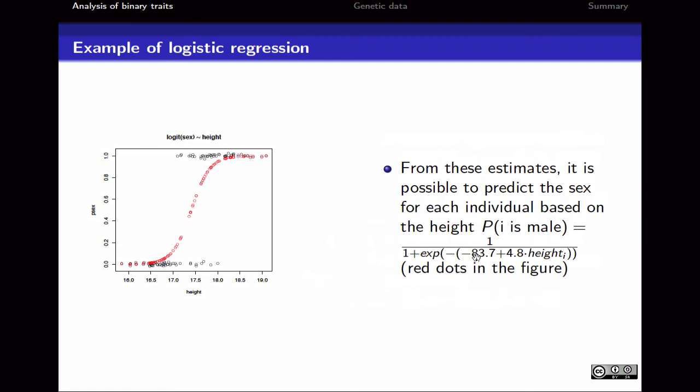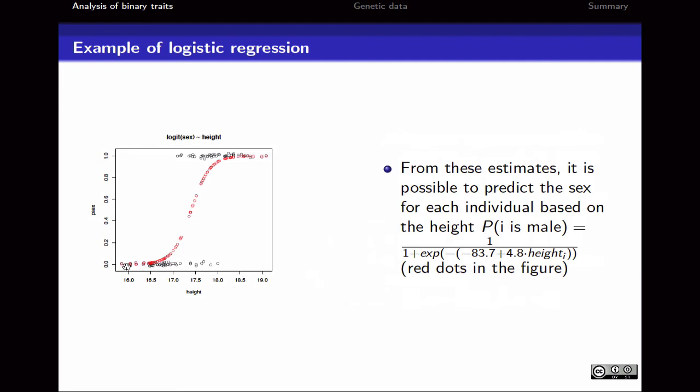So we just plug in the estimate of the intercept here and the estimate of the coefficient of regression here, and then based on height for every person we can predict the probability that this person is a man.